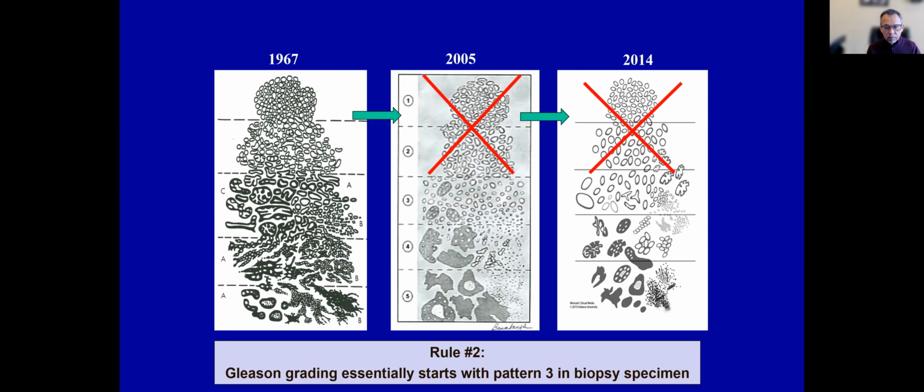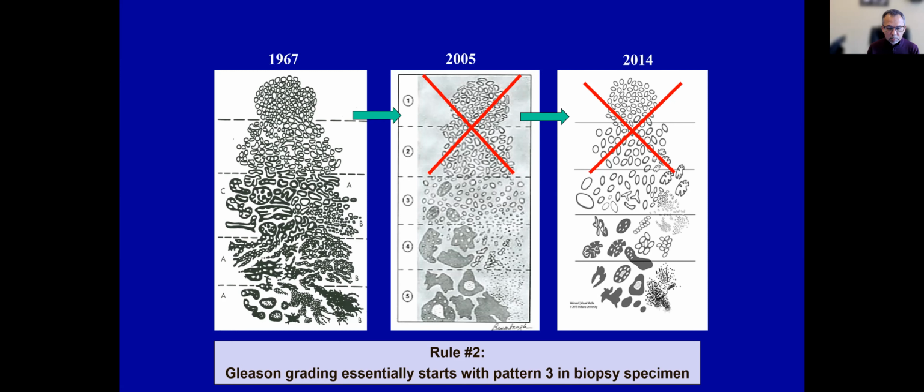The second rule is that even though Dr. Gleason was conceptually and theoretically correct that grade 1 and grade 2 prostate cancer exist, because of modern changes in practice patterns, we know that if you call grade 1 or grade 2 prostate cancer in needle biopsy, you are likely going to be significantly undergrading the prostate cancer at the time of radical prostatectomy.